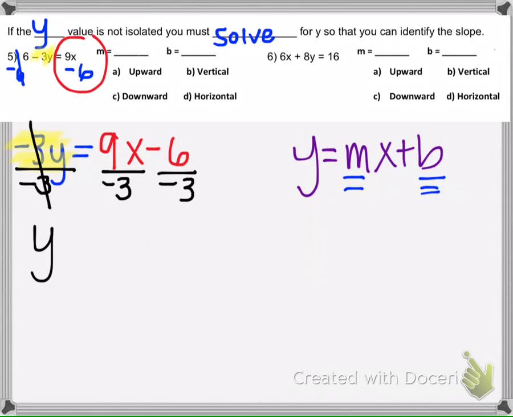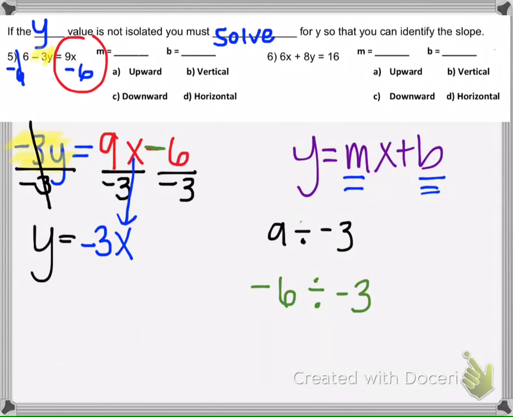So we would have y equals 9 divided by negative 3 is negative 3, and then we bring down the x. And then here we have negative 6 divided by negative 3, which is positive 2.